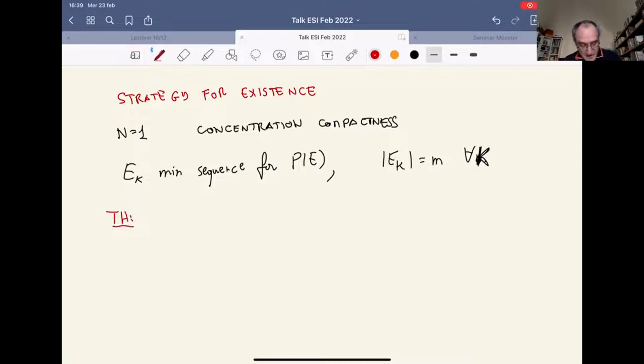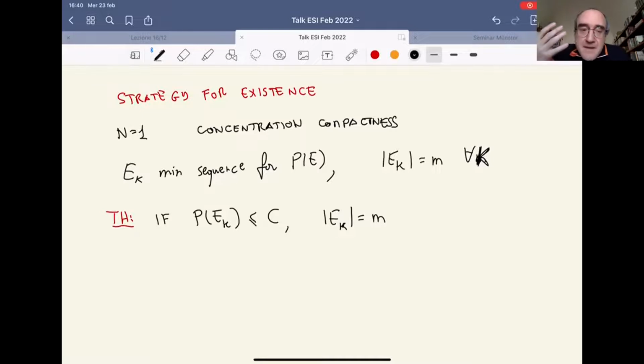If the perimeter of a sequence of sets is bounded and the volumes of the sets are all equal to M, in fact maybe an inequality from below would be enough, then this family of sets enjoys a compactness property once you compactify R^d.